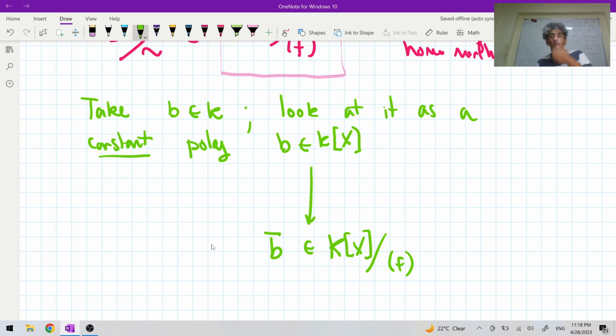So there's this way of looking at constants as constant polynomials and then pulling that polynomial down to the quotient.